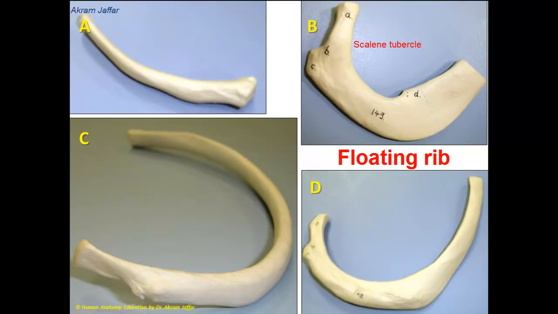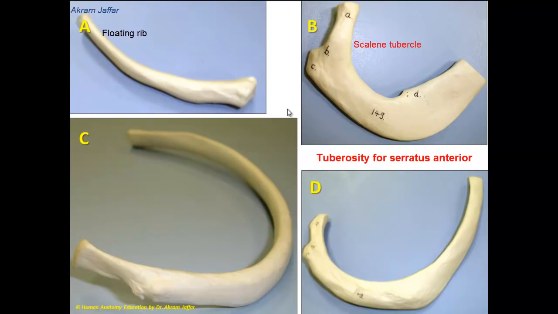Both of them, the 11th rib and the 12th rib, are short and they have a single facet on their head. There is no tubercle, there is no neck, and so this is either the 11th or the 12th rib, and anyhow, both of them are floating ribs.